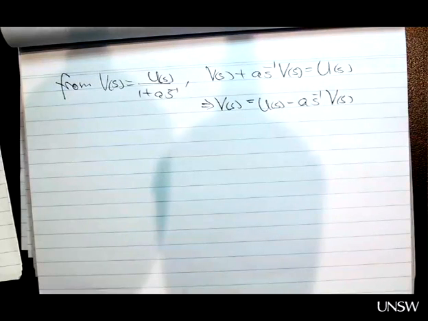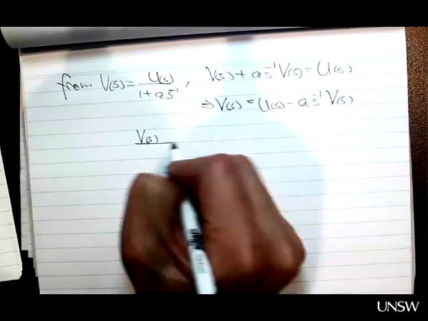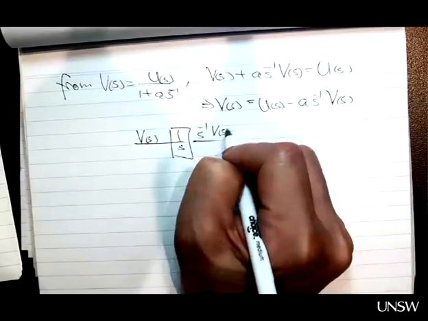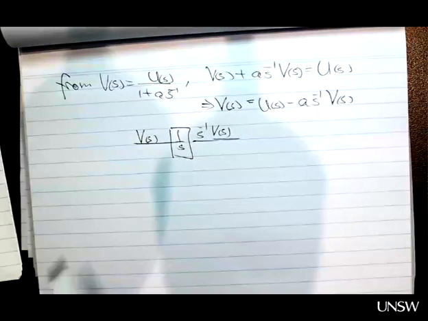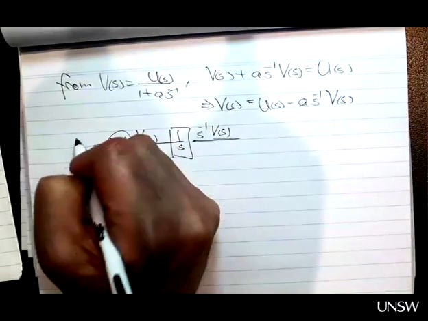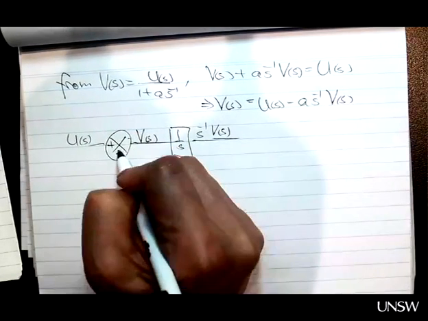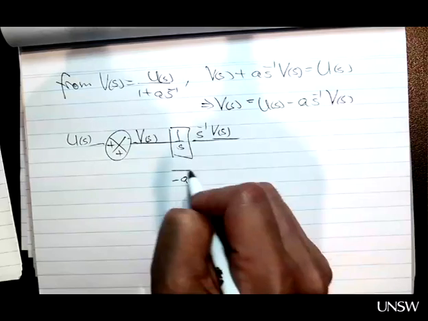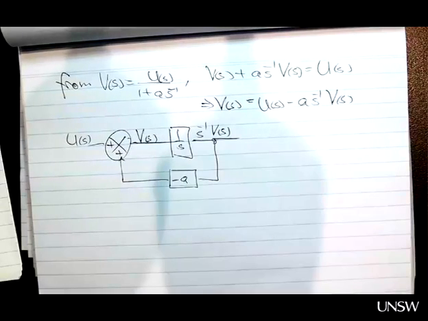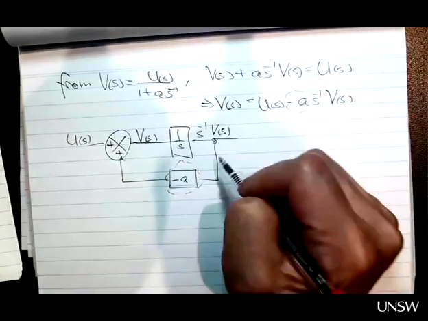So now we construct the block diagram. So far at this stage we have the U input, and then we have the minus a factor. This factor is from this.